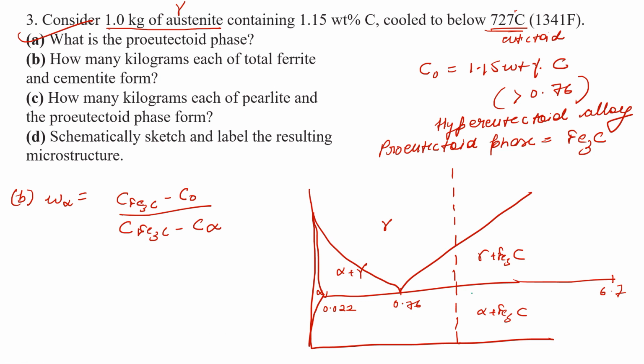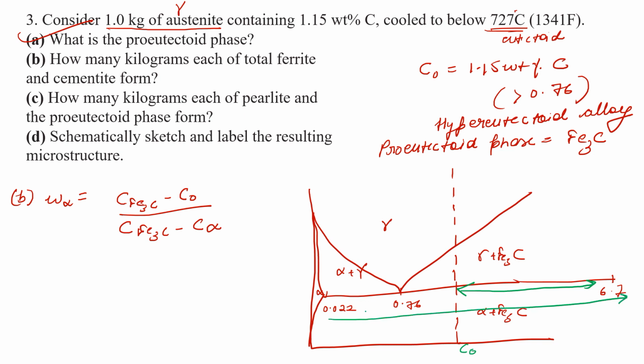So total ferrite can be given by C0. Let's say this is C0. So this portion is the alpha phase. Correspondingly, the lever rule tells us that the percentage will be calculated by the arm that is opposite to it, divided by the total arm.